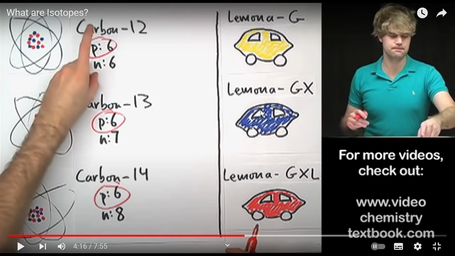What if I told you you have carbon-14 and I hid that number there? Could you figure out that the neutrons was 8? How would you do it? 14 minus 6 gives you 8. So as long as I give you the mass number, you can figure out the number of neutrons.